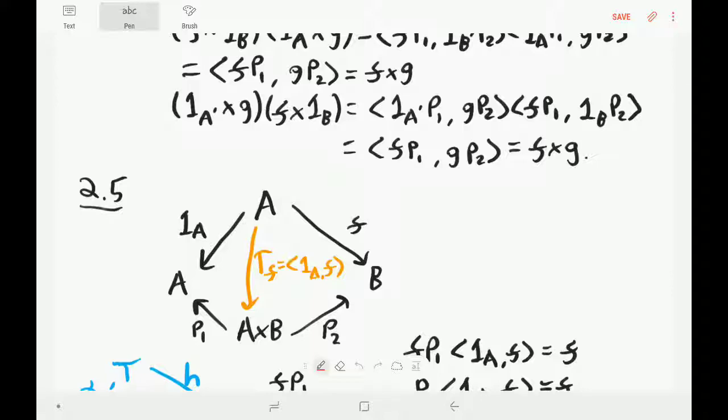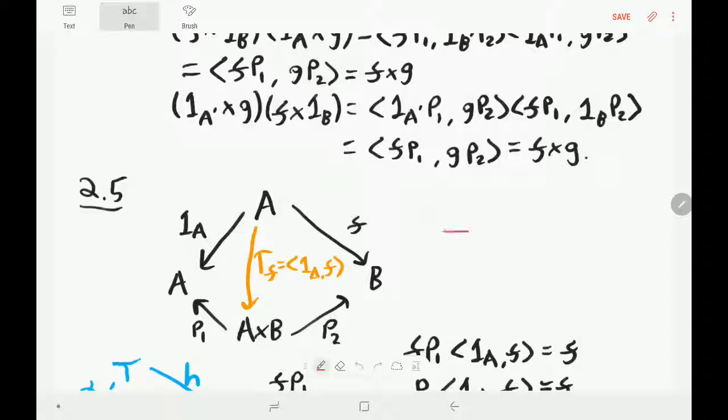So suppose we have a categorical product of A and B with projections P1 and P2, and so then if we have an object A, of course we have the identity arrow of A going from A to A, and suppose we also have an arrow F from A to B. Well, then the unique intermediary arrow that makes this diagram commute, we can call that gamma of F. The proper notation for it is 1A comma F, and that's called the graph of F.